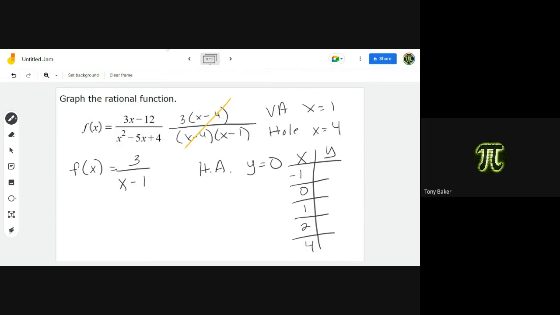This one's simple enough to just do out. So I've got 3 over -2, 3 over -1. That one doesn't work. 3 over 1, and 3 over 3. And remember, that's a hole.